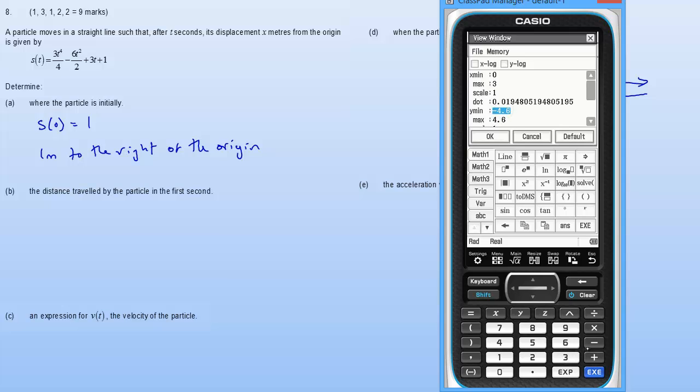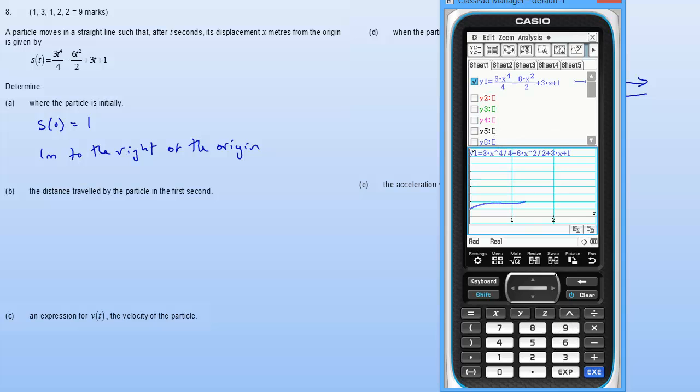And the y's, let's go -1 to maybe 9 or something. So it does seem to turn in that first second. So we'd need to know where this max is. So analysis, G-Solve and the max. So it's the y we're interested in, that's the distance, and that's this number just here.